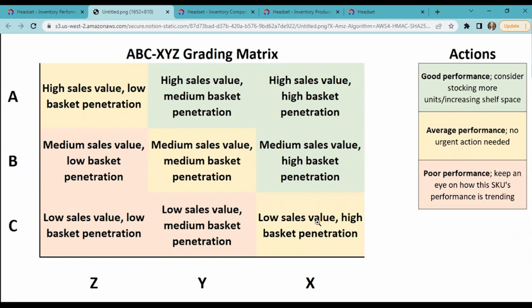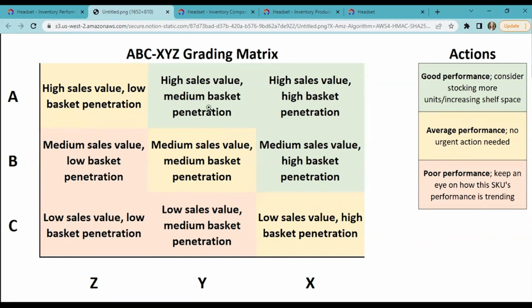So that's something to keep in mind. Maybe they are actually doing pretty good, but they don't bring in that much sales value, which is totally fine. That's a really good add-on product. Not necessarily going to be a driver product for you, but something to keep in mind.